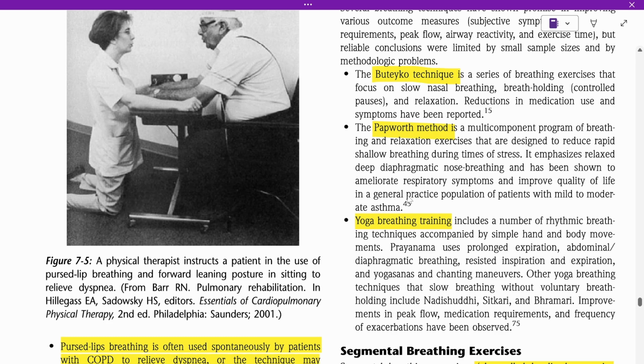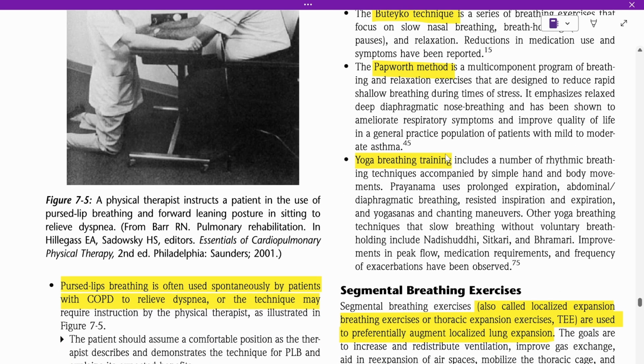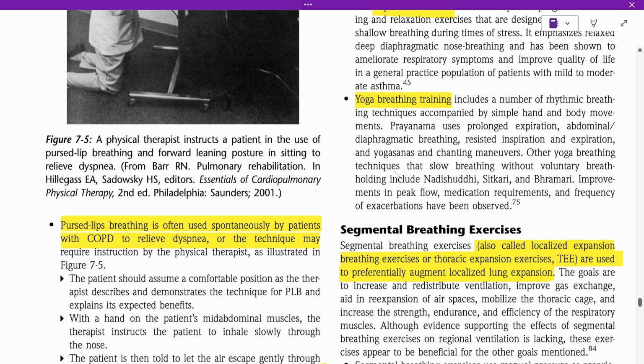In a general practice population of patients with mild to moderate asthma, yoga breathing training includes a number of rhythmic breathing techniques accompanied by simple hand and body movements.